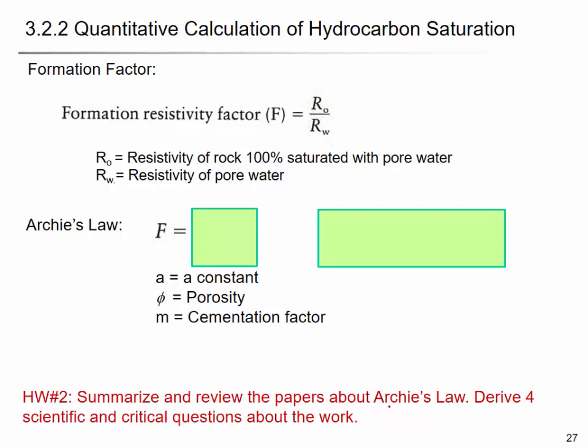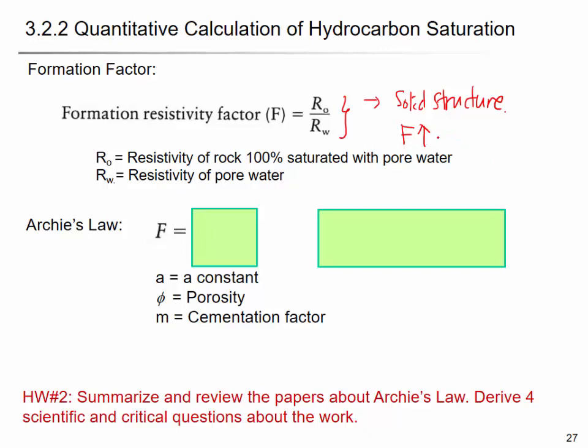So from this basic principle, Archie developed his equation. The formation resistivity factor is the resistivity of the rock, 100% saturated with pore water, divided by the water resistivity. So this reflects the skeletal structure, right? So if the F increases, what does it mean?